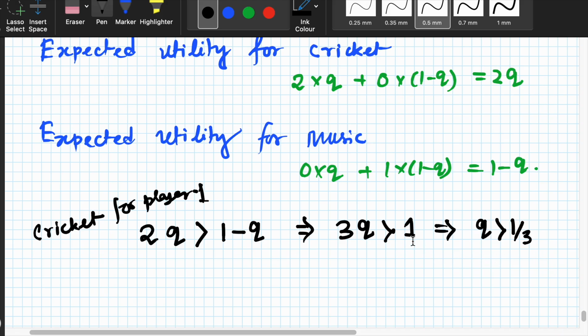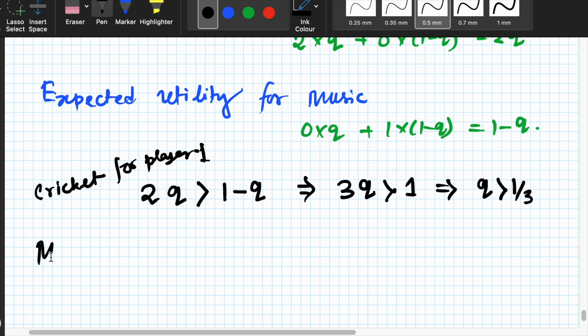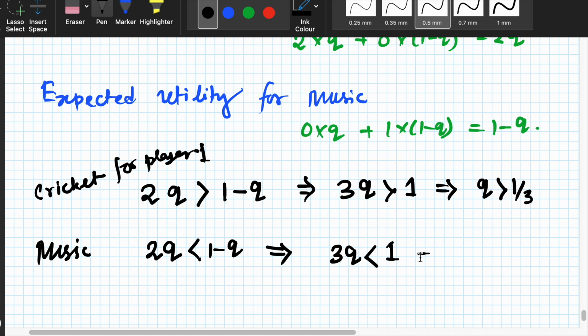Music will be the best response when the utility of music is greater than that of cricket, that is 1 minus q is greater than 2q, so 3q is less than 1, meaning q is less than 1/3.